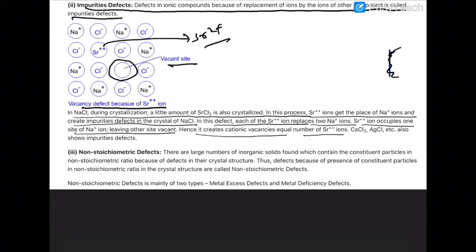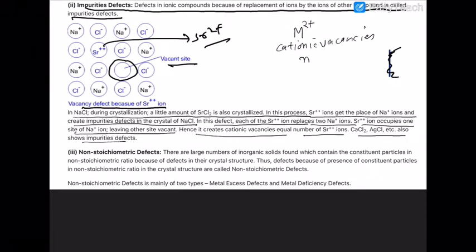Okay. Similarly, if you add CaCl2 in AgCl also, you will have the same formation. Let me repeat once more: if a metal of 2+ is added, the number of cationic vacancies will be the number of M2+ added. If it is M3+, then how many cationic vacancies are there?